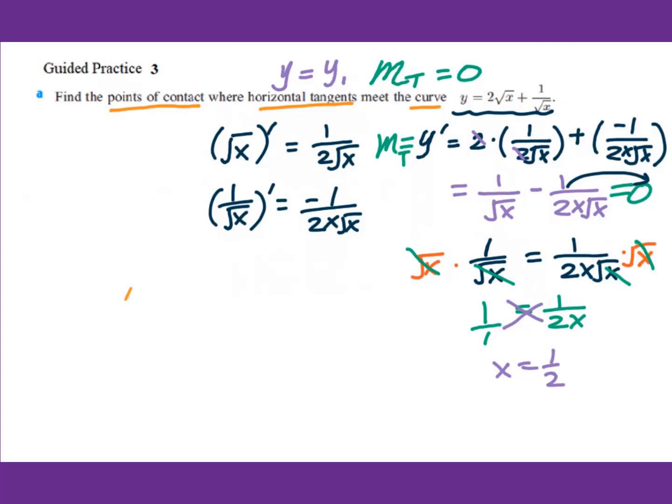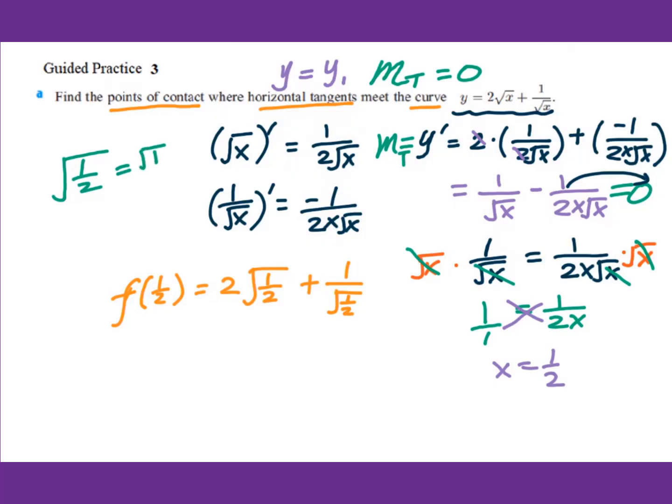Then you need to plug into the original function to get the y1. So you get f of 1/2 equals 2 times square root of 1 over 2 plus 1 over square root of 1 over 2. As we know, square root of 1/2 equals square root of 1 over square root of 2, which means 1 over square root of 2.